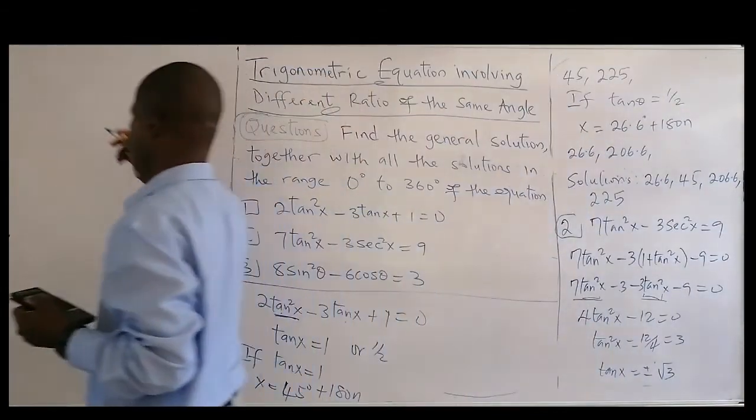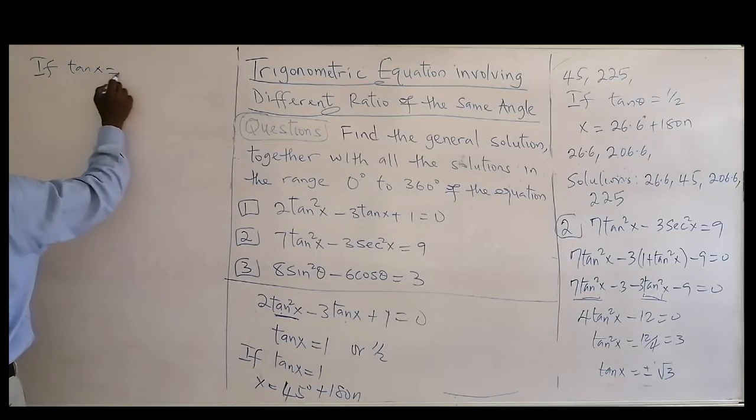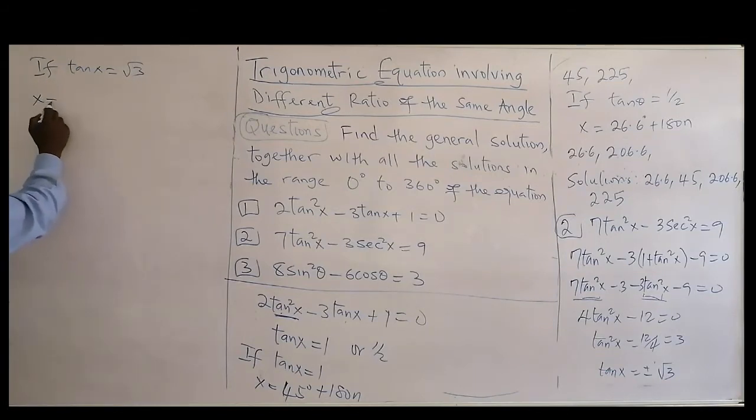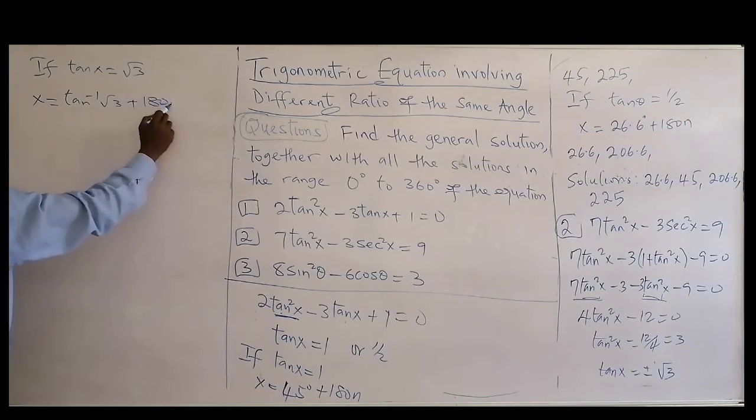When it's positive, if tan x is plus root 3, let's see the general solution, which will be equal to arctan root 3 plus 180 n. And then arctan root 3 is 60.